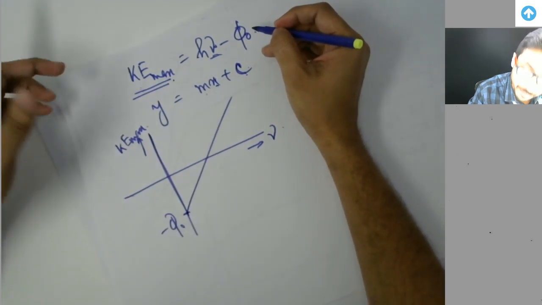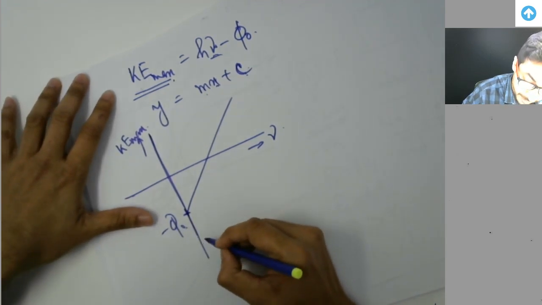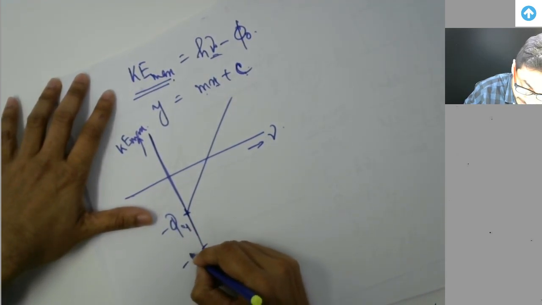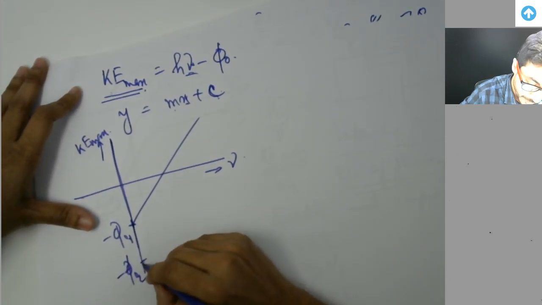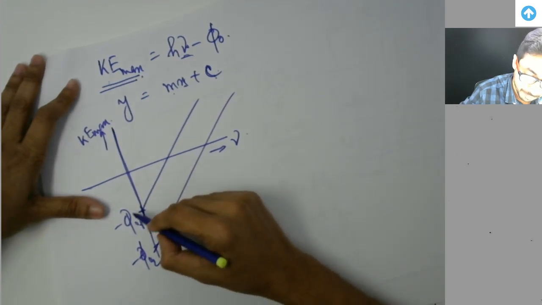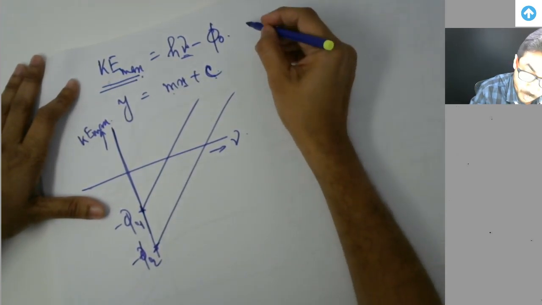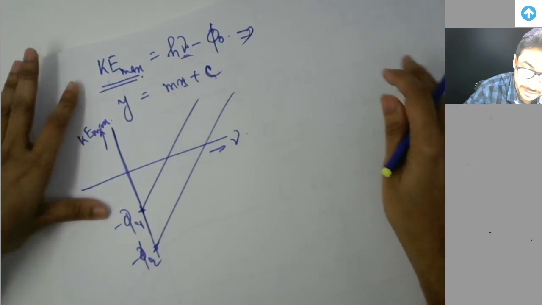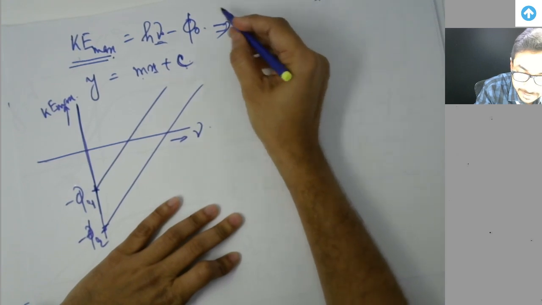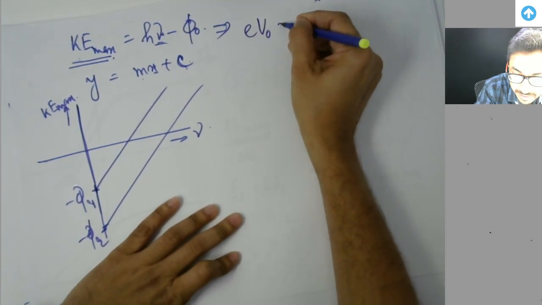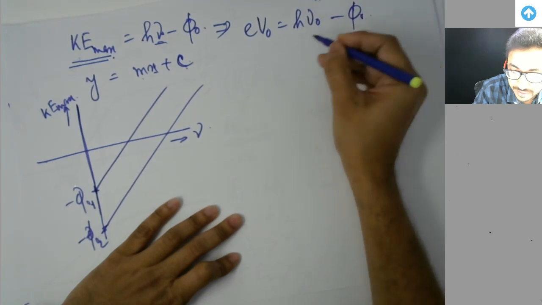If we take a different material whose work function is different, we can see this is minus phi 01, this is minus phi 02. The slope remains the same, but the work function is different. Now we have also derived previously that K max is nothing but eV0 equals h nu minus phi 0.